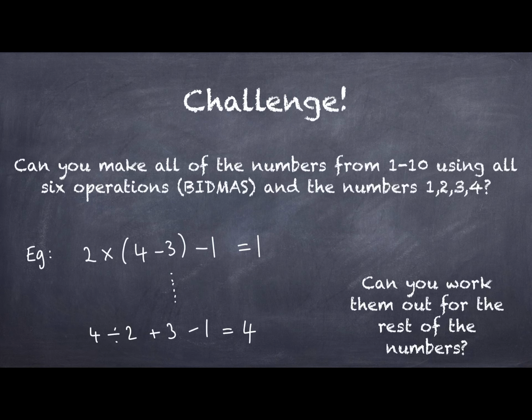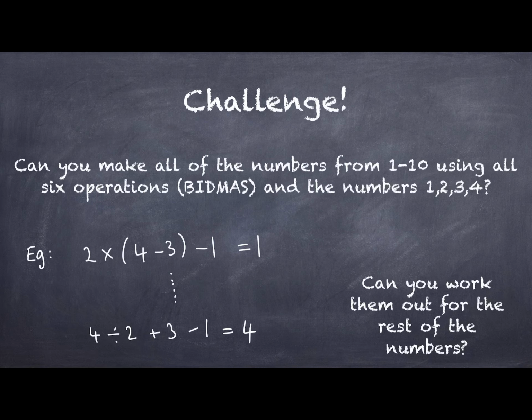So now I have a challenge for you. Can you make all of the numbers from 1 to 10, so that's 1, 2, 3, 4, 5, 6, 7, 8, 9 and 10, using all 6 operations, so that is brackets, indices, division, multiplication, addition and subtraction, and the numbers 1, 2, 3 and 4.